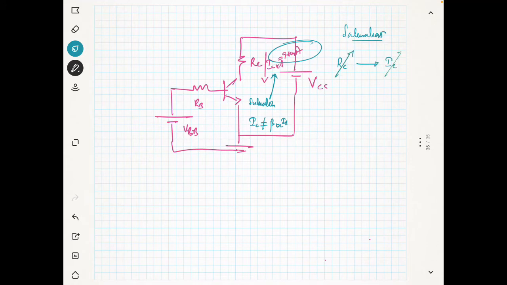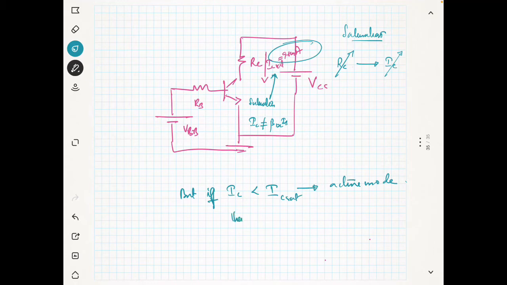If you change the RC in saturation, the current IC will change. This is the situation in saturation. But if IC is less than IC sat, then the transistor is in active mode. In our problem this is not satisfied anyway.